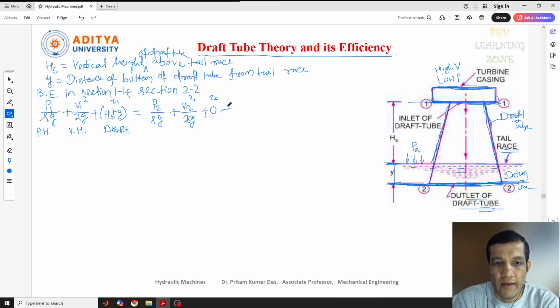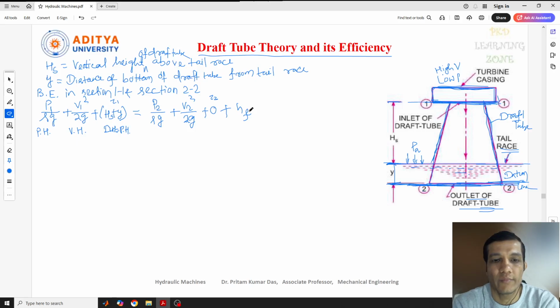Similarly, we need to add one more term, the loss of head between section 1 and section 2. We write that in terms of HF, the head loss due to friction between section 1 and section 2.